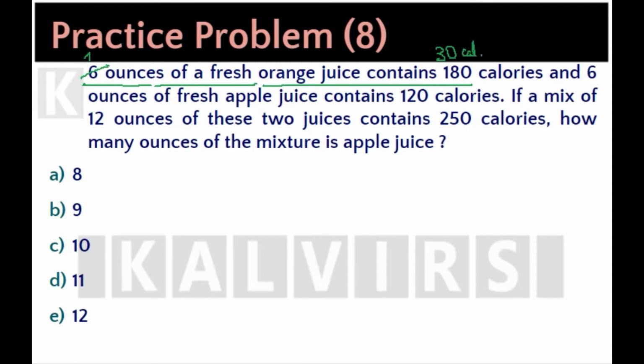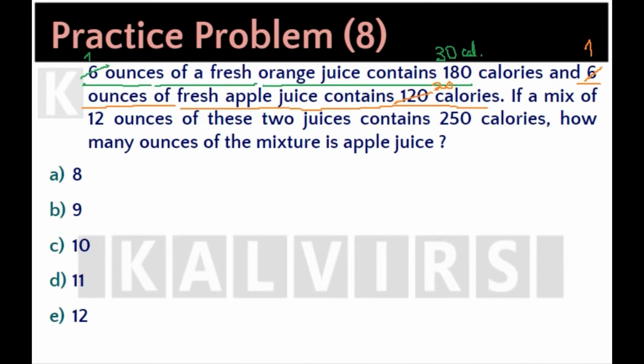And according to this sentence, 6 ounces of fresh apple juice contains 120 calories, so it will be kind of the same. 1 ounce of fresh apple juice contains 20 calories.